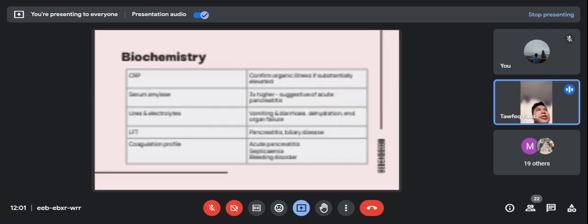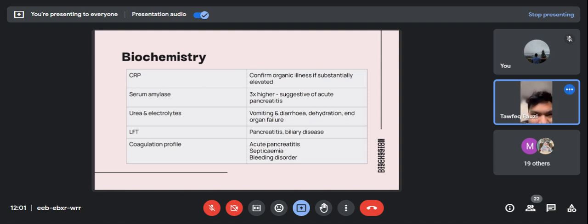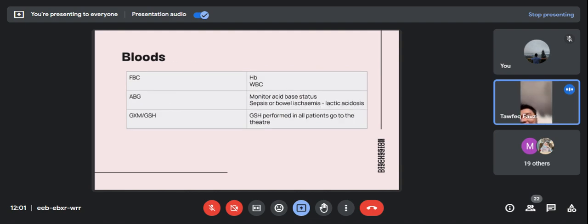Next, the arterial blood gases. We can monitor the acid-base status of the patient, and in patients with sepsis or suspected ischemia, you may see the patient is acidotic with elevated lactate.